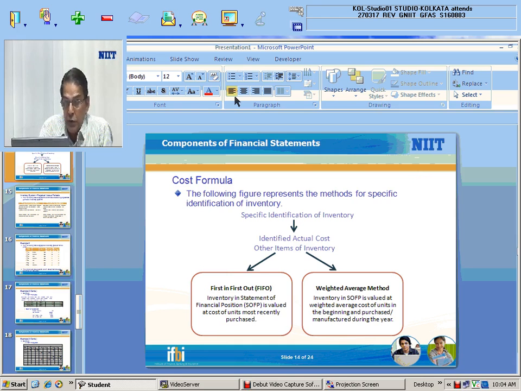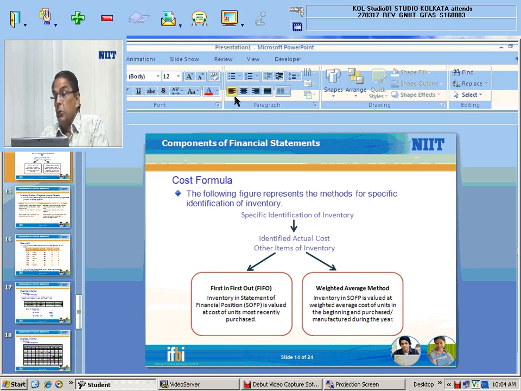Either of these two methods, FIFO and weighted average, can be applied to the stock-taking method the company follows. We'll talk about the two systems which can be followed by companies, periodic and perpetual. So let's look at those examples.